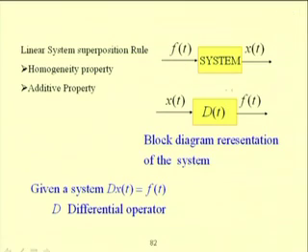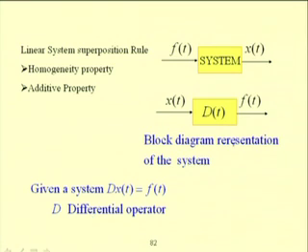Let us take a system. In the case of a linear system, when we apply a force F, we get the response x. In block diagram representation, we can write x(t) equal to D applied to x(t), equal to f(t), where D is the differential operator.